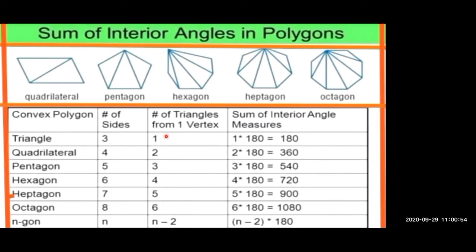Then you must have been confused sometimes about how many sides are there in a pentagon, and whether a hexagon has 6 sides or 7 sides or 8 sides. Yes, many times you have been confused. So let's solve your confusion.